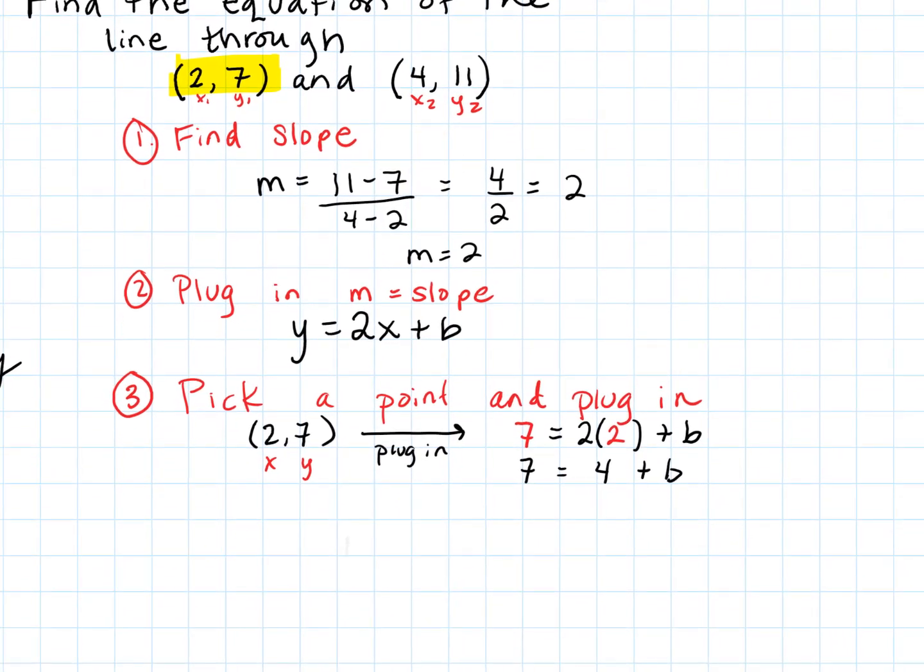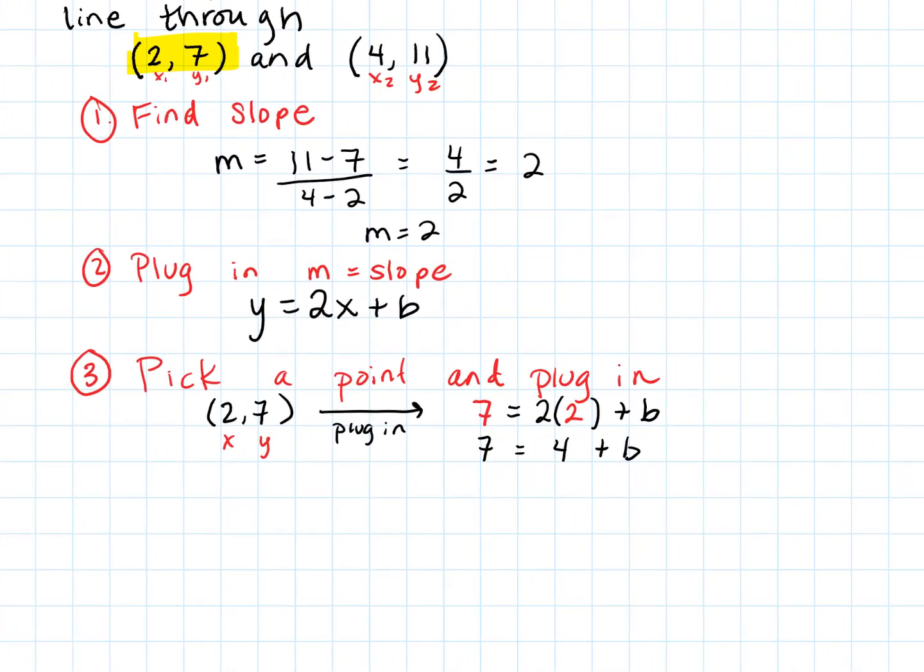And then solve for b. That's the last thing. So I found m in the first step, and now I'm finding b in this third step. So I'm finding the value of those two variables for this equation. So now I'm going to just subtract 4 from both sides. And I find that b is equal to 3. Okay? So I had m in my first step, and now I have found b.